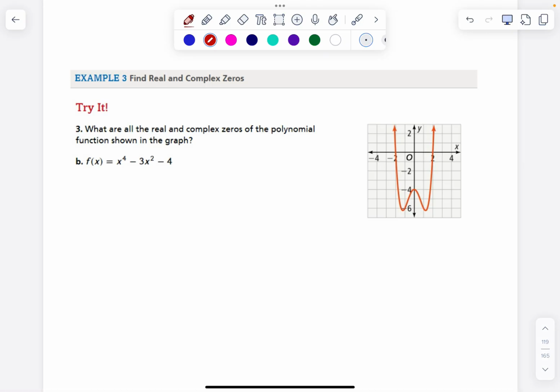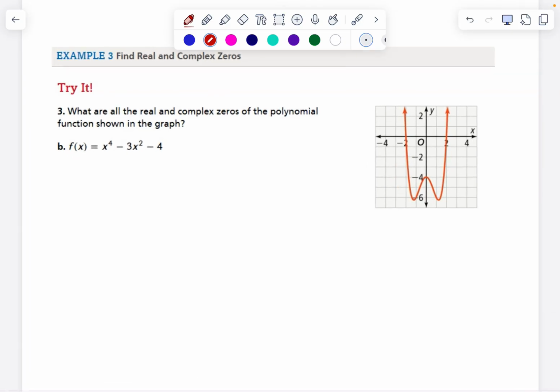Okay, what are the zeros here? We have a 0 at x equals -2, and x equals 2. Notice that this is a fourth degree. So what are we going to do to start breaking it down? We have 2 zeros given. What will we do to break it down?